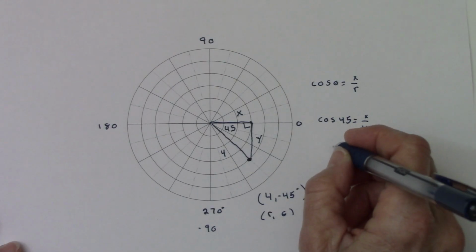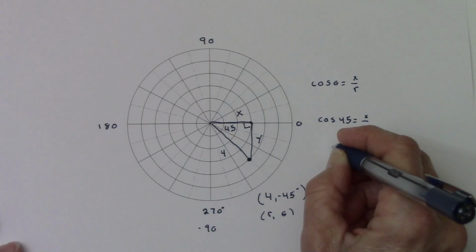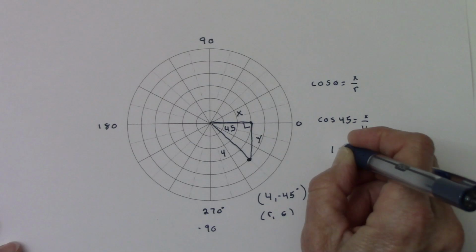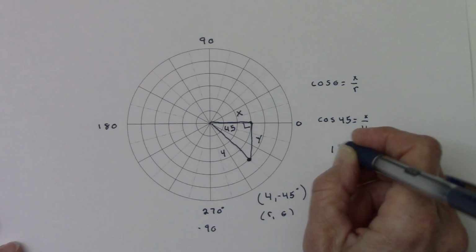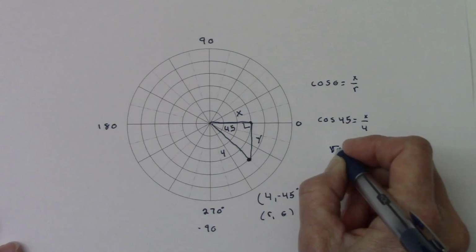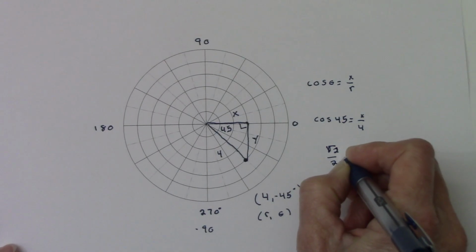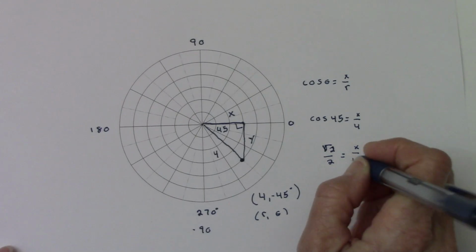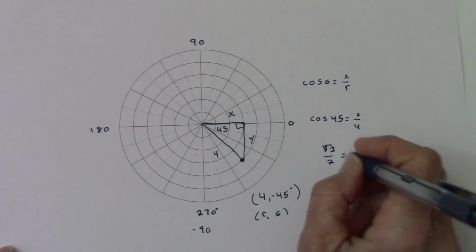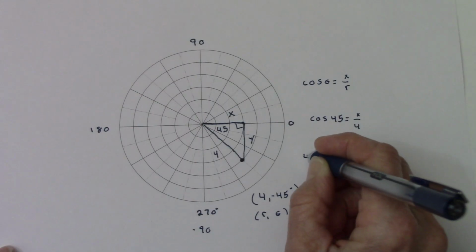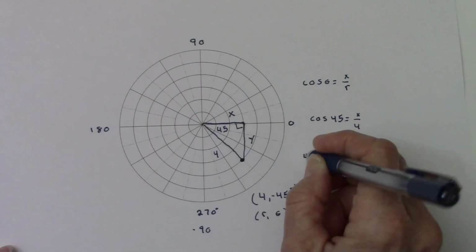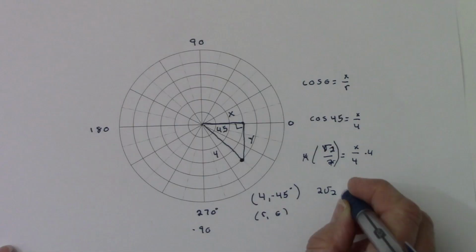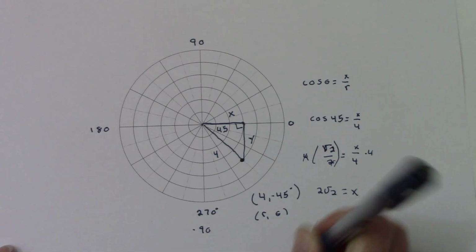The cosine of 45 degrees is the square root of 2 over 2, equals x over 4. When I solve this for x, I multiply both sides by 4, and the x coordinate is 2 square root of 2.